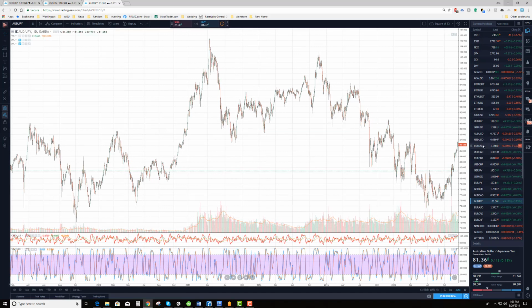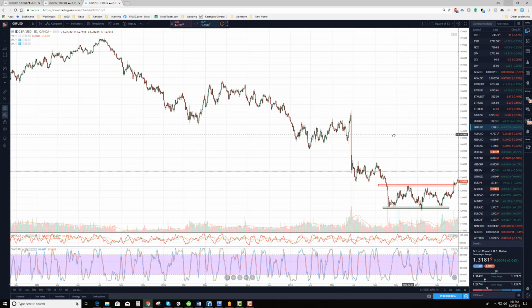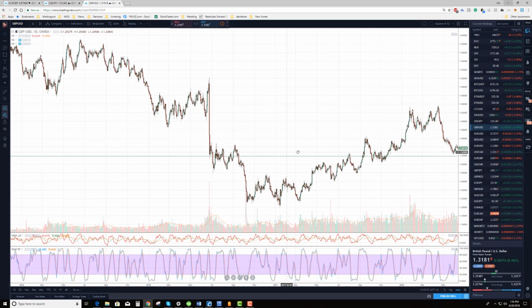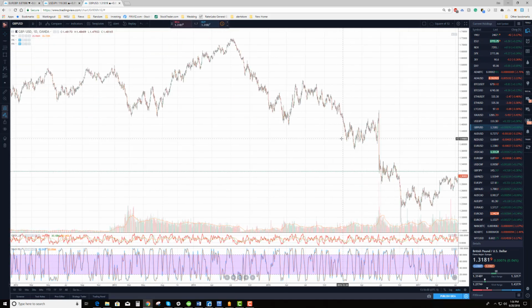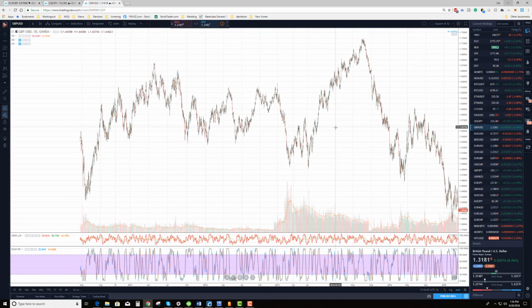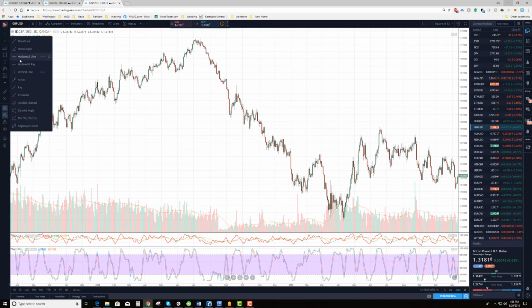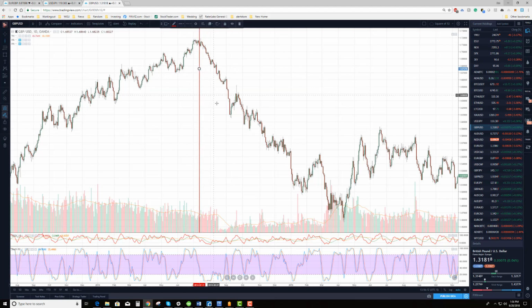So if I'm looking on a daily chart of the pound, I want to take a look: where was a really big high found? I'm going to say, right up here in July, middle of July. And then let's see if we have a higher low found in the next July.